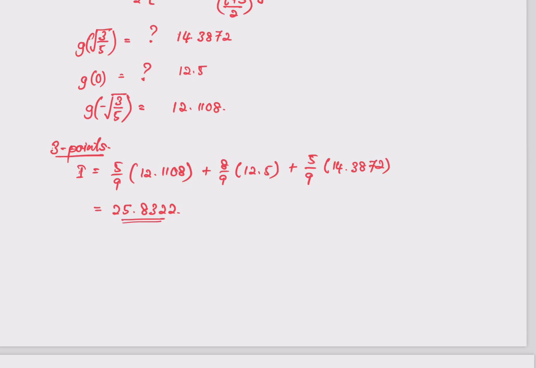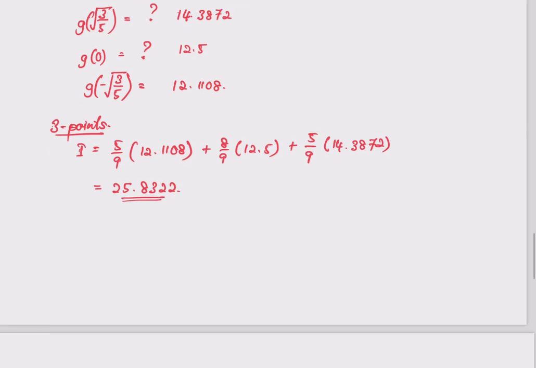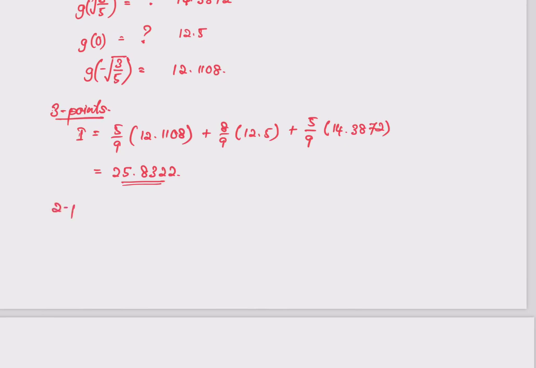Actually, you also can try using the 2-point formula. It is the same function, but what you need to do is just change your values of t. For 2-point, your values of t are 1 upon root 3 and also negative 1 upon root 3.